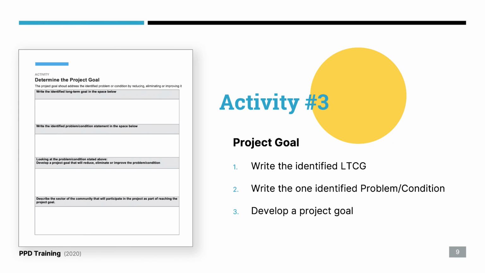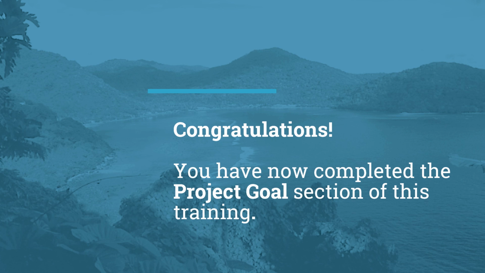So go ahead and pause this video and fill out the worksheet and try to develop your project goal. And don't forget, you should always reference back to the current community condition and the long-term community goal, and make sure that your project aligns, that it addresses the current community condition and also is going to help bring your community one step closer to reaching the long-term community goal.